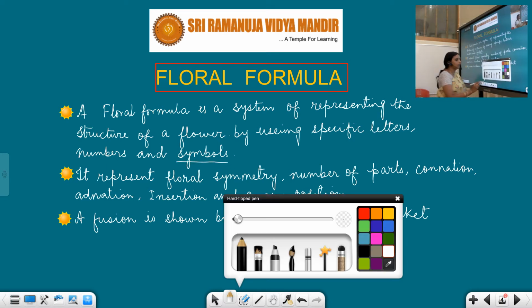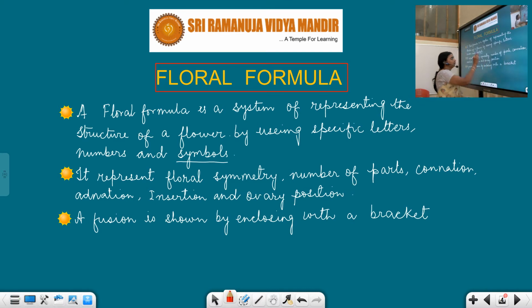Next to that, it represents floral symmetry, the symmetry of the flower, whether it is actinomorphic, zygomorphic or asymmetric. We can represent that in the floral formula.